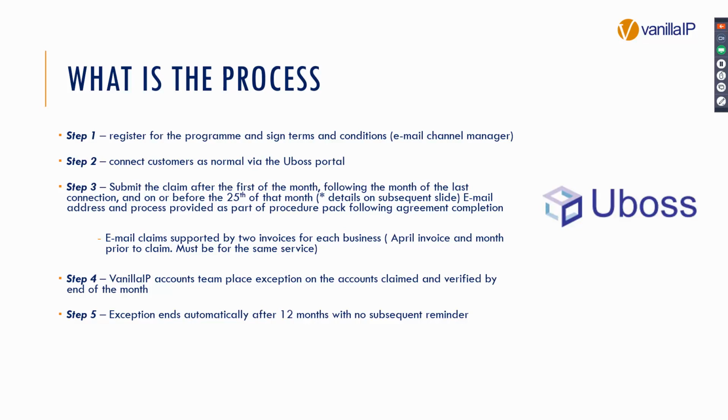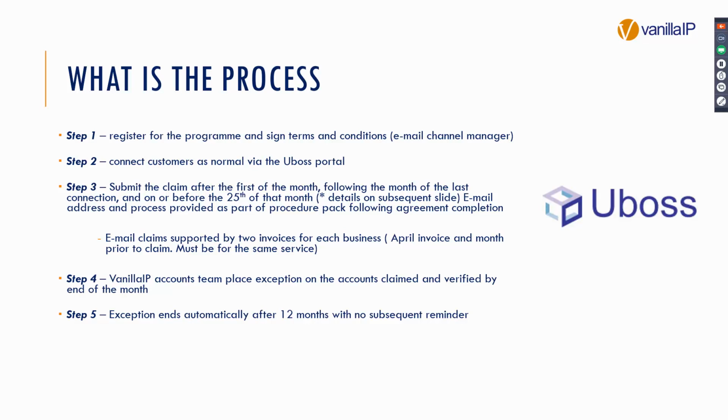Now, when it comes to submitting the claims, I have terms and conditions, and then I have a couple of easy examples. But effectively, you'll be able to claim from the first of the month following the last connection that you've made, and before the 25th of that month. There'll be an email claim in, and you will provide for us the relevant information, including 2 invoices.